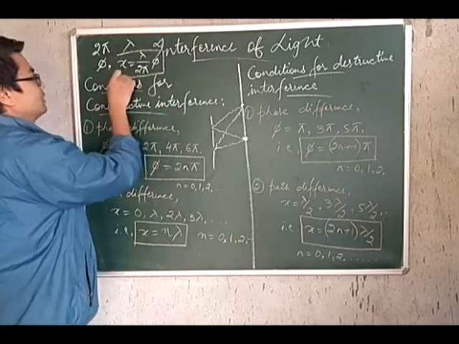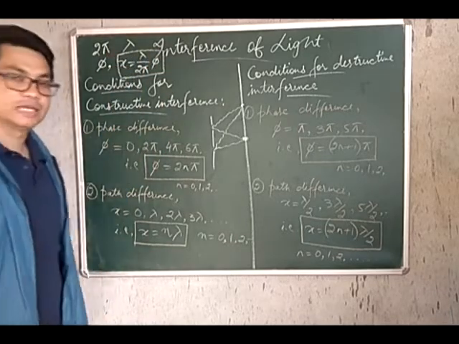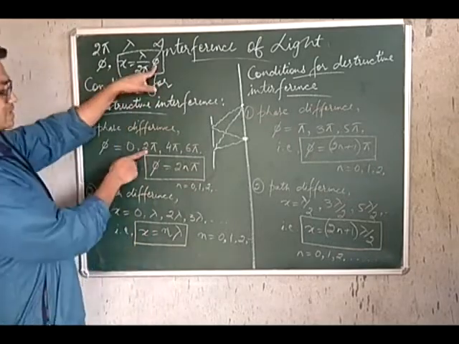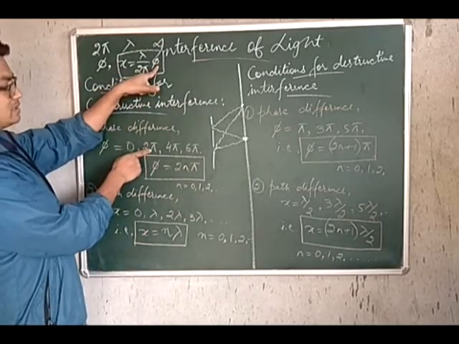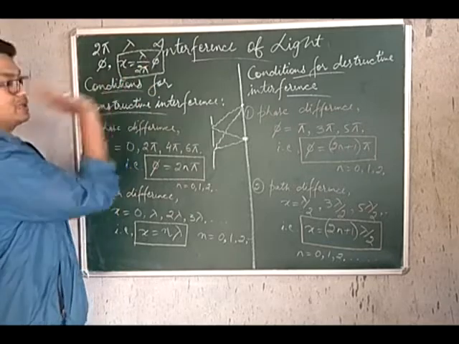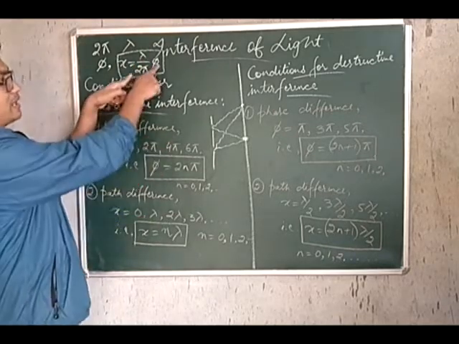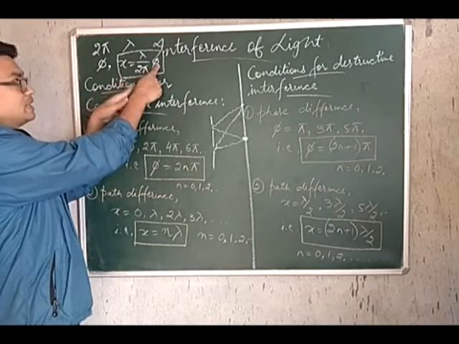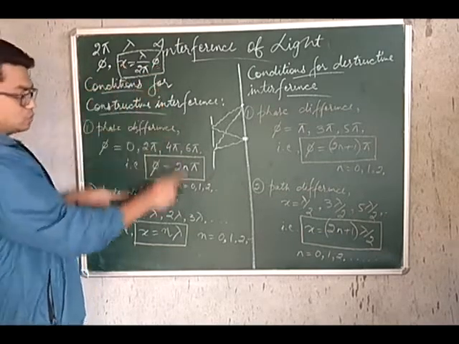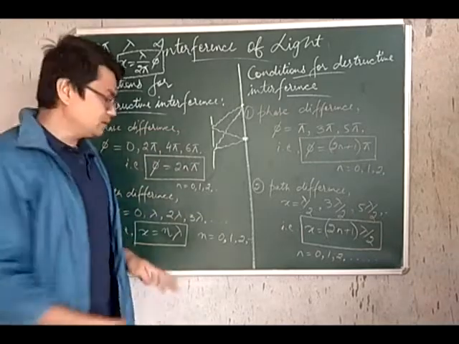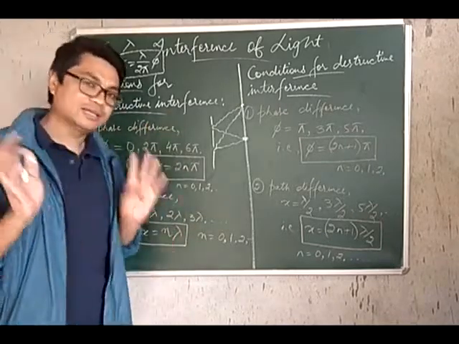So this is the relation between path difference and phase difference. If phi is 2 pi, then the 2 pi cancel each other and x becomes lambda. If phi is 4 pi, then x will be 2 lambda. That is what I am saying, it's two different ways of saying the same thing.